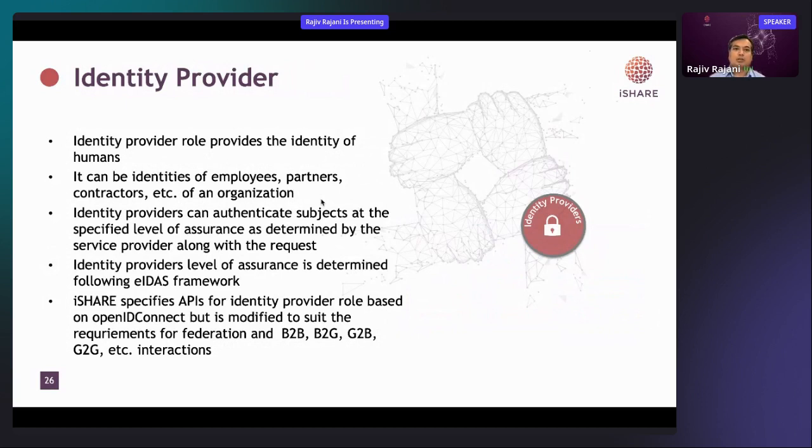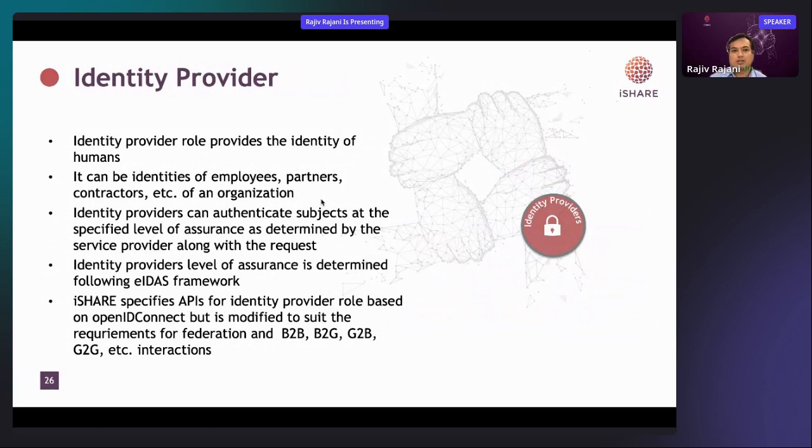So, as I mentioned, the identities can be employees, partners, contractors of any organization, basically. But the key element is that it is a human identity provider in iShare, and not a general identity provider which provides identity for everything. Right. The identity provider's level of assurance is determined following the eIDAS framework. So iShare uses the eIDAS framework also while onboarding every type of participant.